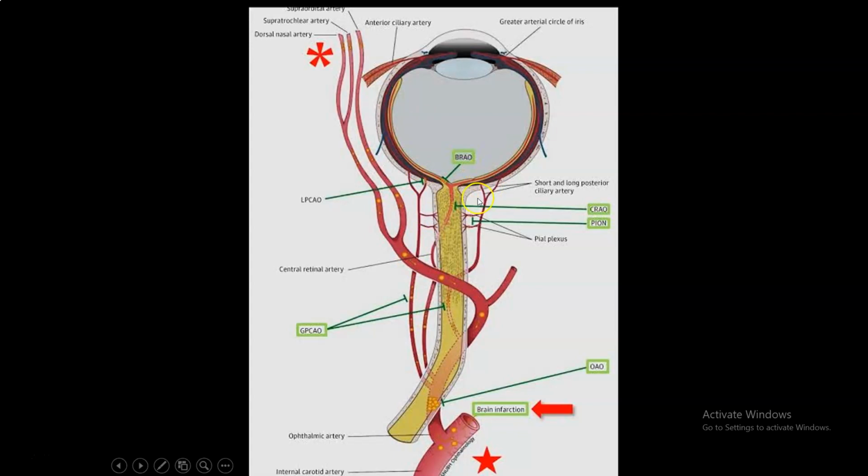So the safest part to approach the optic nerve is from anterior lateral. Lateral posterior you might injure the ophthalmic, and medial anterior you can injure the central retinal artery. So if you want to keep the blood supply, approach the optic nerve from lateral anterior.